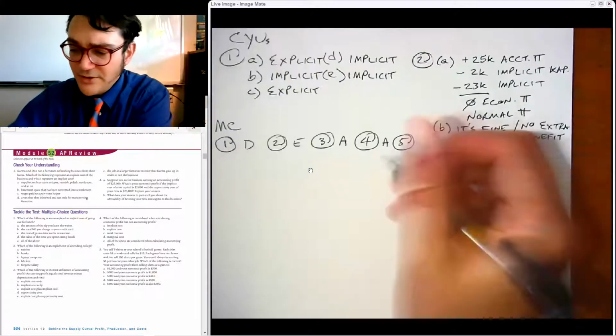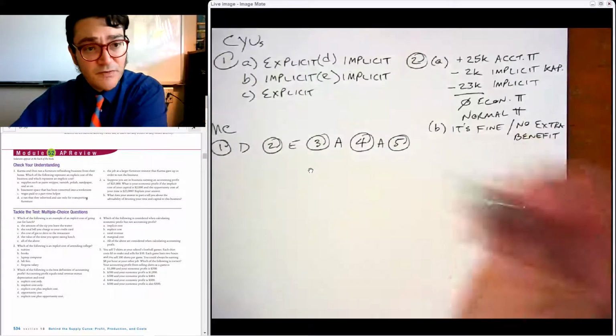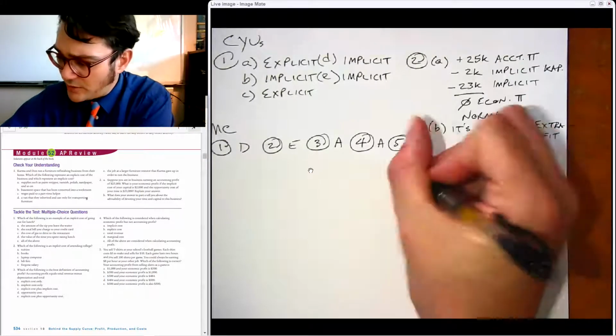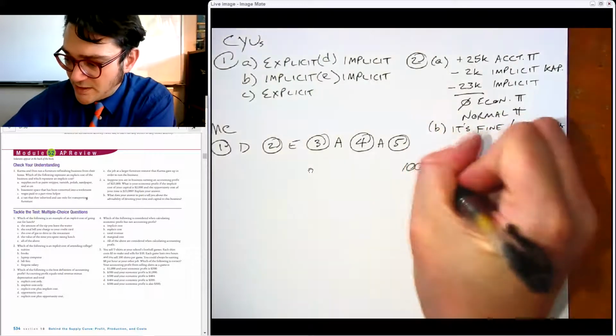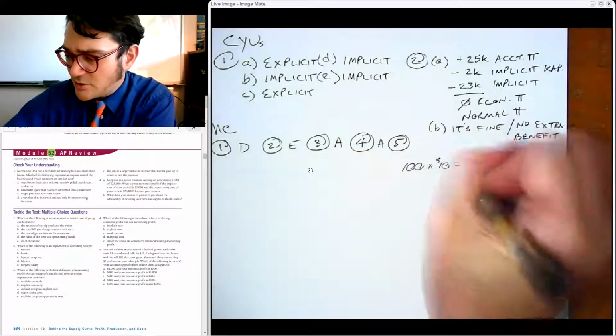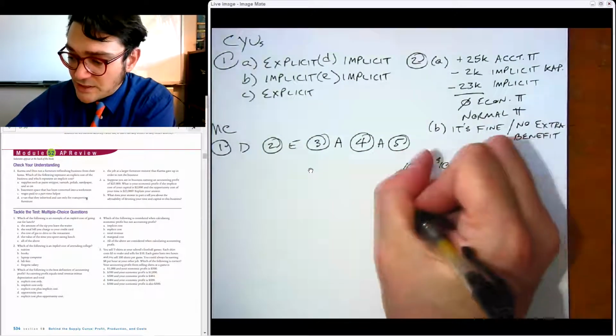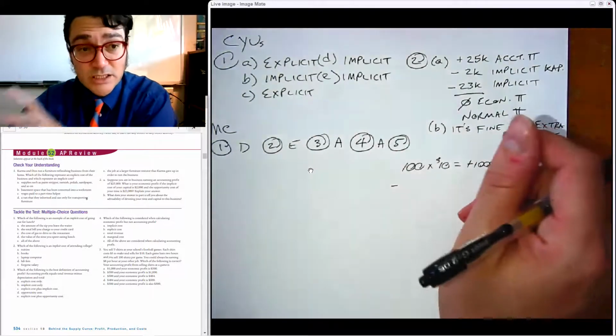Okay, so accounting profit in this one, first we got to figure out our total revenue. So we sell 100 shirts at $10 per. So 100 times $10, so we have a positive 1,000 in total revenue. And now we're going to subtract our explicit cost only.